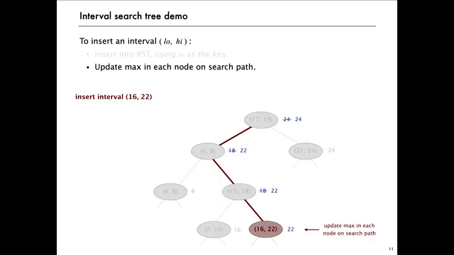For the node at the root, it's not, so that stays 24. So it's just binary tree insertion, but then after the insertion, on the way up, we check if the maximum that we have is bigger than the maximum there and update it if necessary. So easy to code.